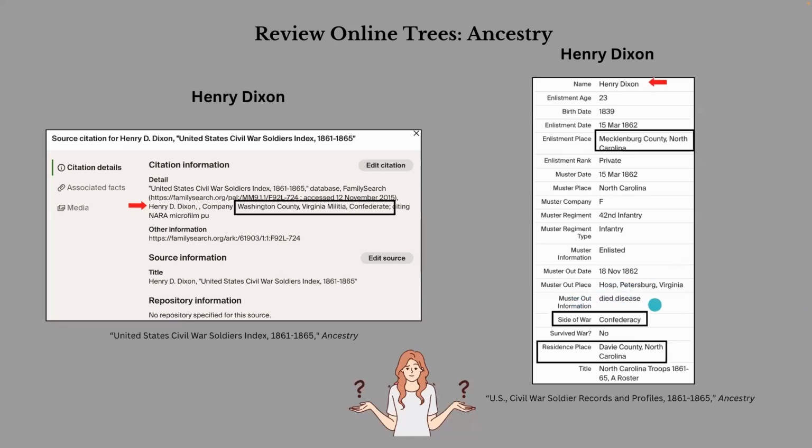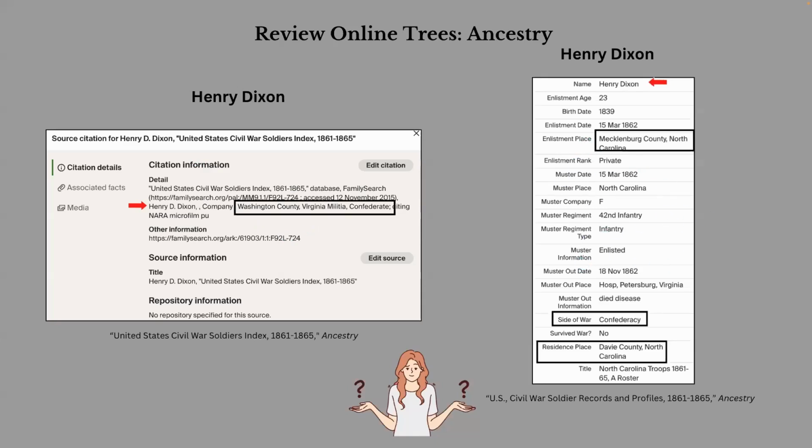Oh, he mustered out in the Petersburg, Virginia hospital, and he died. He died from disease. So does this document corroborate the story from my grandmother Dixon? No, because my grandmother stated she saw her great-grandfather in 1920 at her mother's funeral. So this one is the correct document. This one should not have been attached.